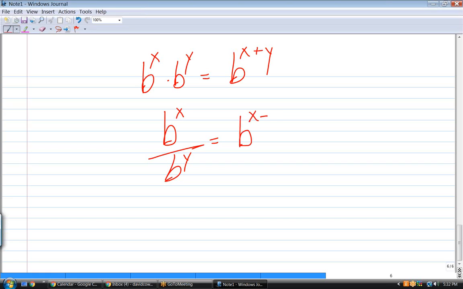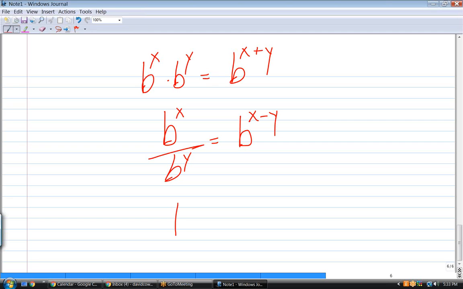Yeah. Notice that subtraction is one level less than division. So the most important thing you can remember is you don't do to the exponents what is being done to the base. These bases are multiplying. These bases are dividing.